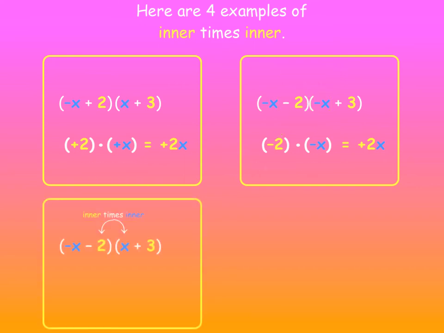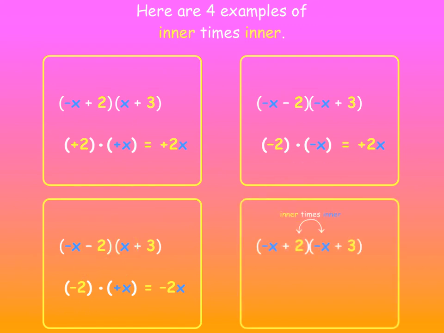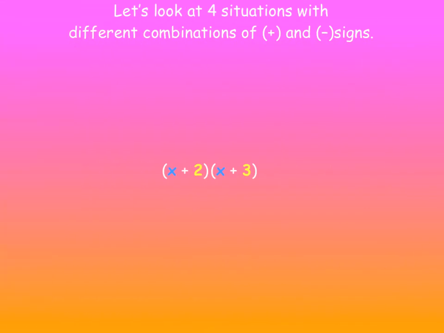Inner times inner, negative 2 times positive x, negative times positive gives us minus 2x. 4th example, plus 2 times minus x, negative 2x.